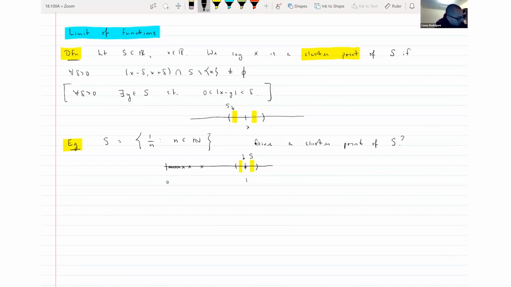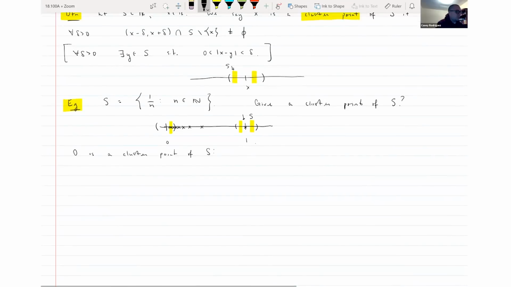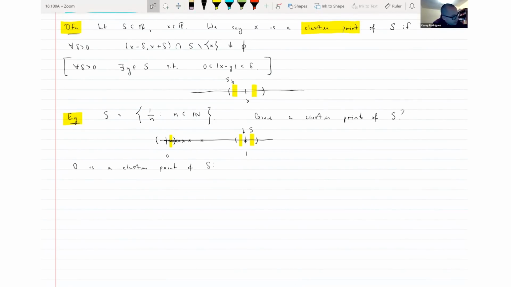But for 0, if we draw any interval around 0, there's plenty of S in the interval not equal to 0. So here, 0 is a cluster point of S. Let's give a quick proof of this. We have to verify for every delta positive that the interval (0 minus delta, 0 plus delta) intersect S, take away 0, is non-empty.